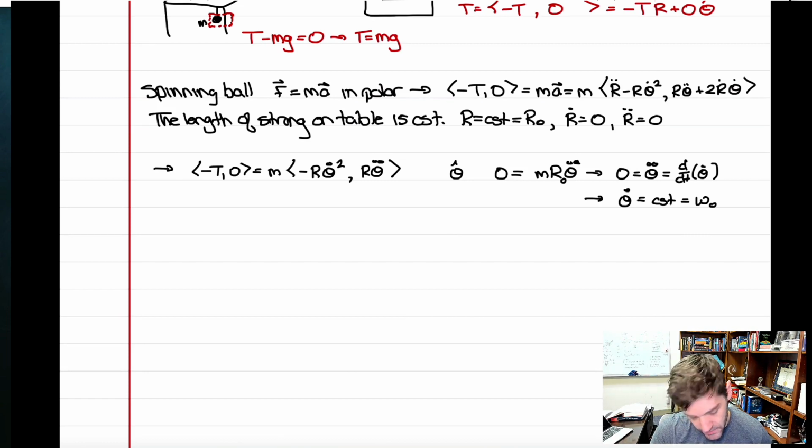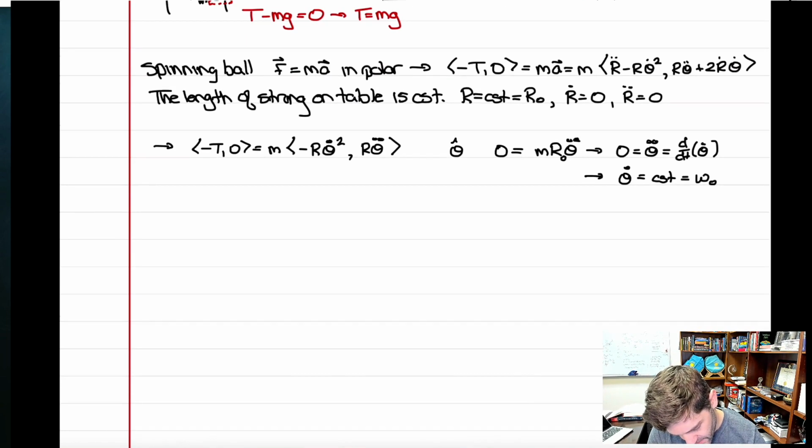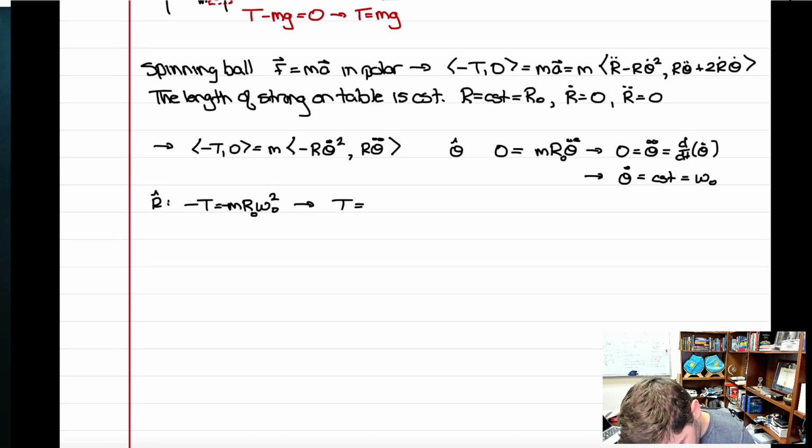Well, then it seems like we're done. Because then the r component says that negative T equals m, there's a negative on this side too, r theta dot squared, but theta dot is omega, and that's a constant. R is a constant. So it looks like in this case it's saying that T equals m r omega squared.